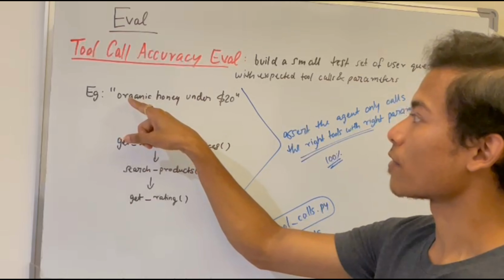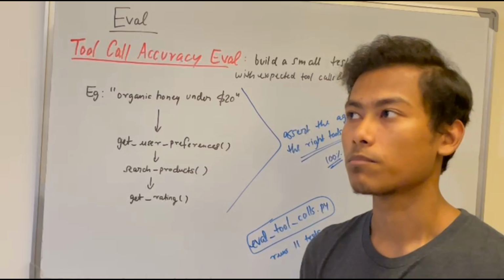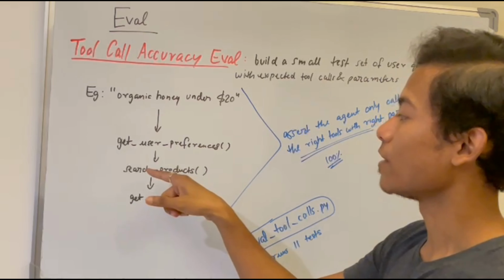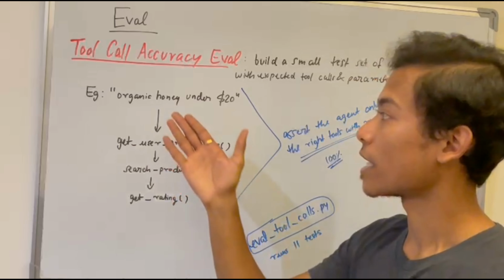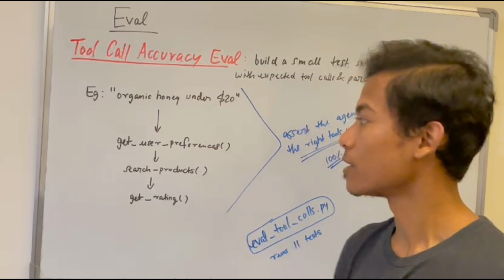So if you think that when I type this in the shopping assistant's chat, the first function or tool that the LLM calls is search products, you're absolutely wrong.